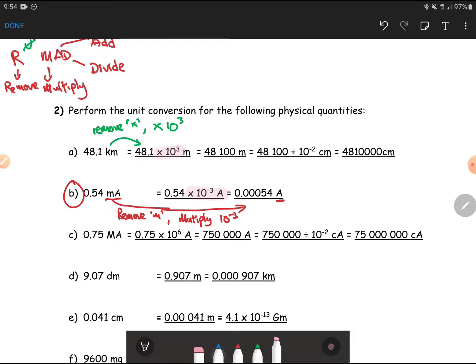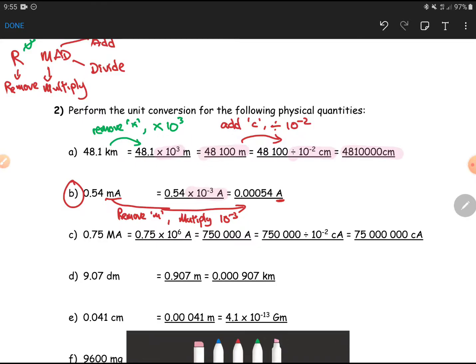After you press it in your calculator, you should then get this answer here. Then after that, we want to add the prefix of C, which is centi. So when you add, you divide by the value of centi, which is 10 to the power of minus 2. So that's what you see over here. And again, when you press it in your calculator, you should be able to get this answer.